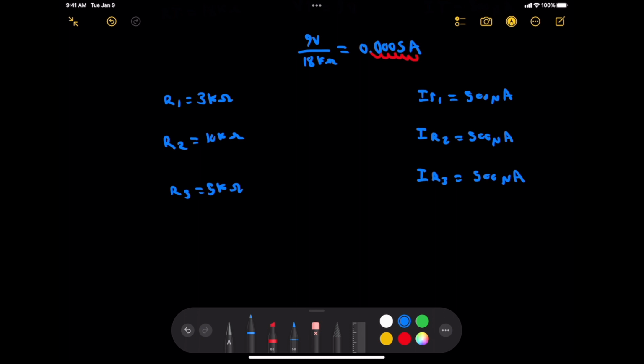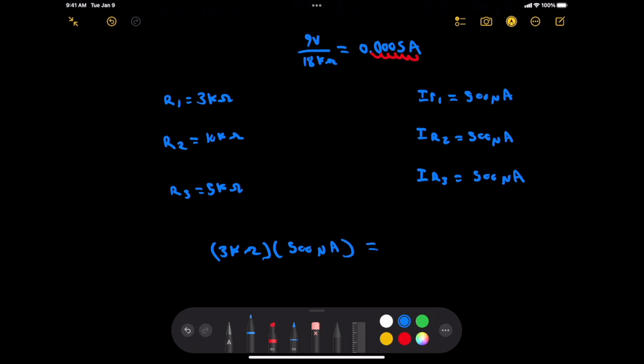And we already found before that each resistor is going to have the same amount of current. So putting it into our calculator, we can take 3K ohms and multiply that by 500 microamps, and that's going to give us our voltage drop.